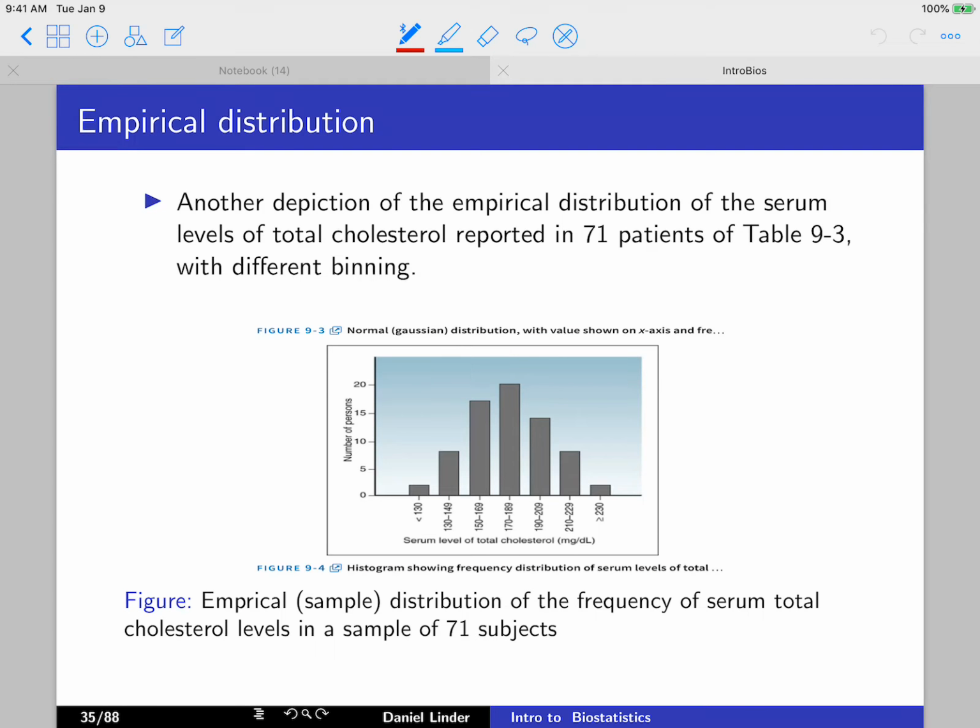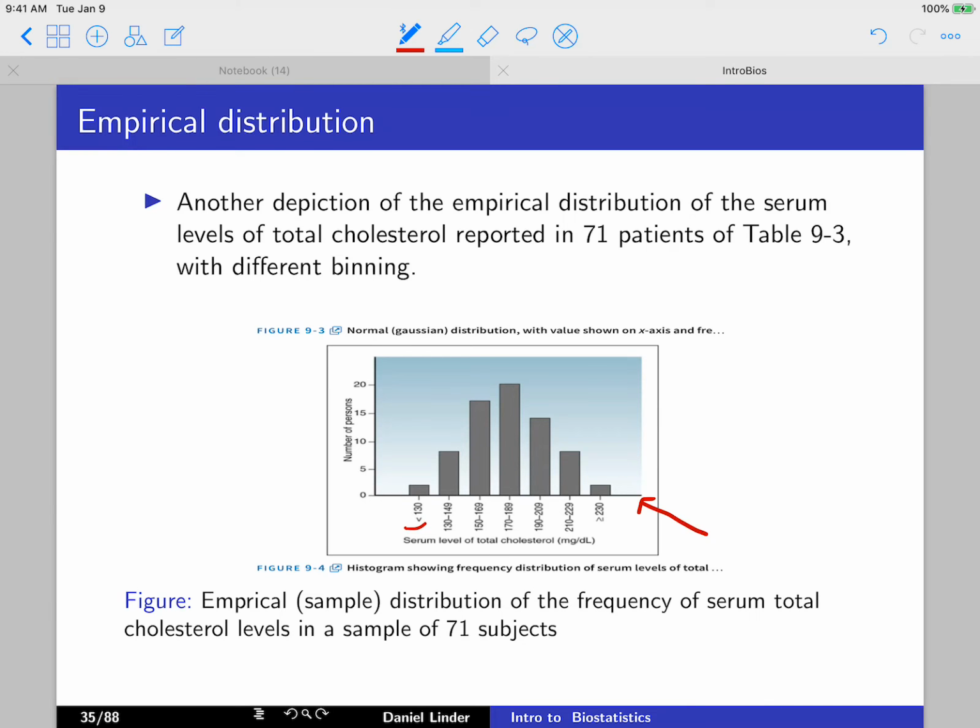So this is another depiction of that same empirical distribution, except that we've used a different level of binning. So instead of looking at individual whole number values of serum cholesterol on the x-axis, we've binned the x-axis into these categories.